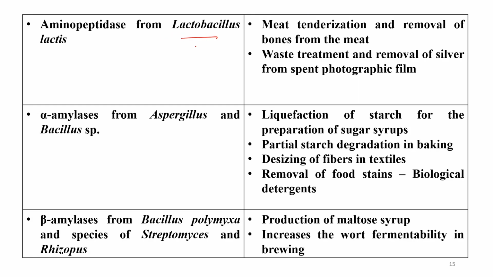Aminopeptidase is produced by Lactococcus lactis. Alpha amylase is mostly produced from Aspergillus and Bacillus species and used for the hydrolysis of starch molecules. Beta amylase is produced from Bacillus species and species of Streptomyces. They are used for the production of maltose syrup.